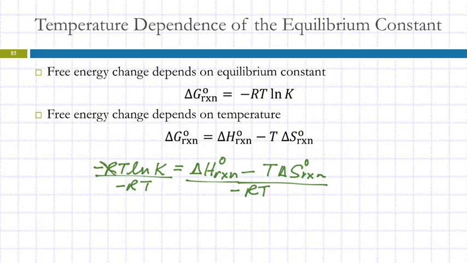Over here, I'm going to end up with natural log of K. This mess can be expressed as negative delta H over RT.